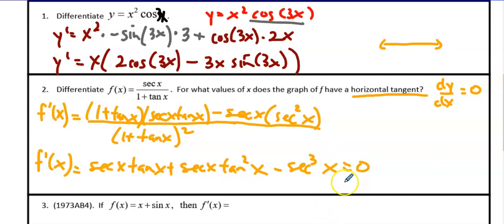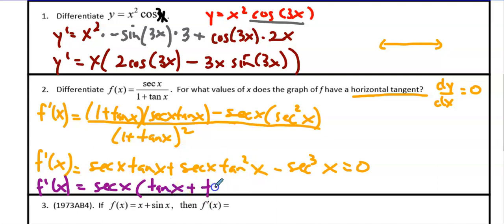So that's a crazy problem. But we actually have a really awesome thing that's going to happen here. The first thing I want you guys to acknowledge is we're going to go ahead and factor out a secant, right? So everything has a secant in it, so we can go ahead and knock that out. So we're going to go ahead and do a secant x. So what's left here is going to be tangent of x.